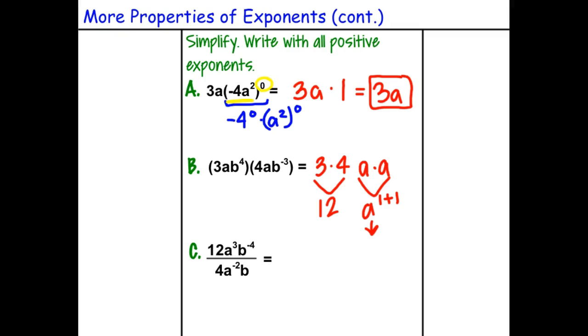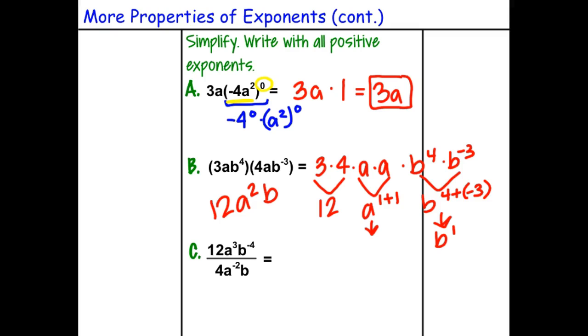And then we're going to have b to the fourth times b to the negative third, or 4 plus a negative 3, which then is what? 4 minus 3 is 1. So we're left with 12a to the second power and b.